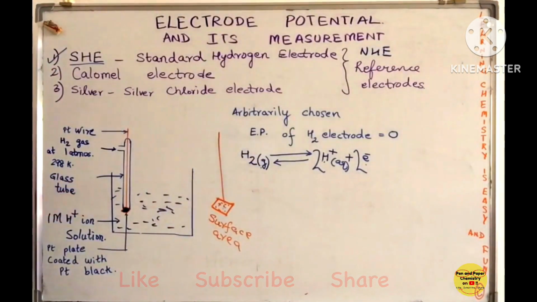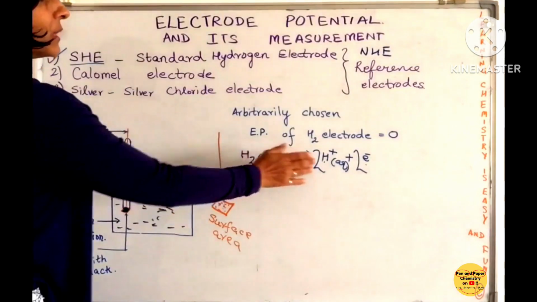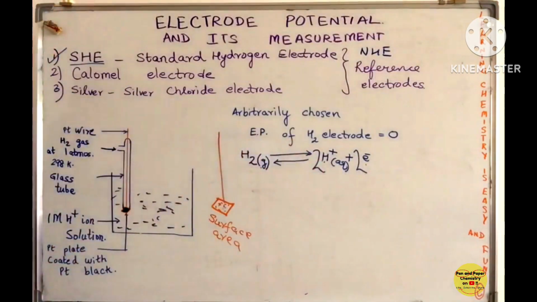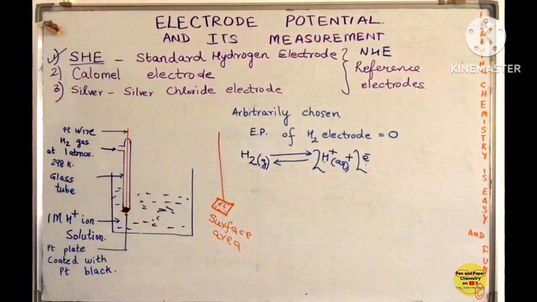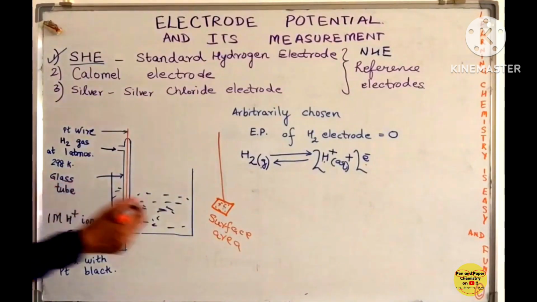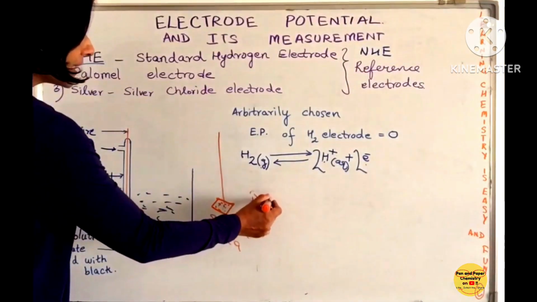Why do we need platinum over here? Because hydrogen is a gas. It needs a surface where the molecule and the ions can interact. They can exchange electrons. So that is why, in order to provide that surface, platinum is going to act as an inert electrode.